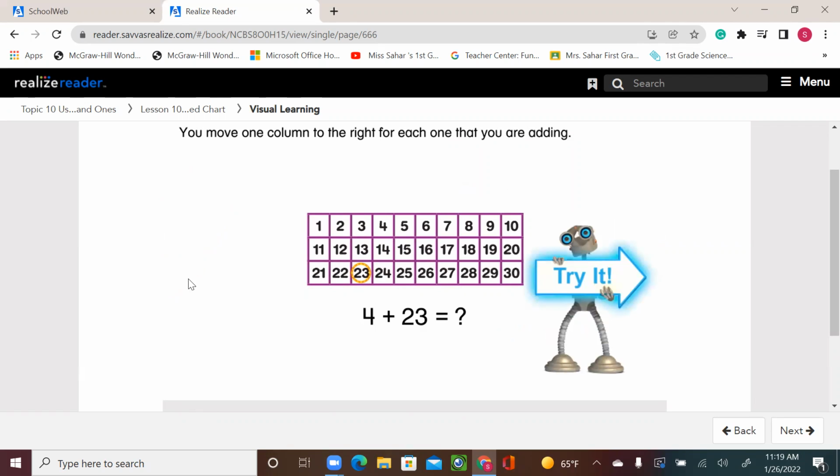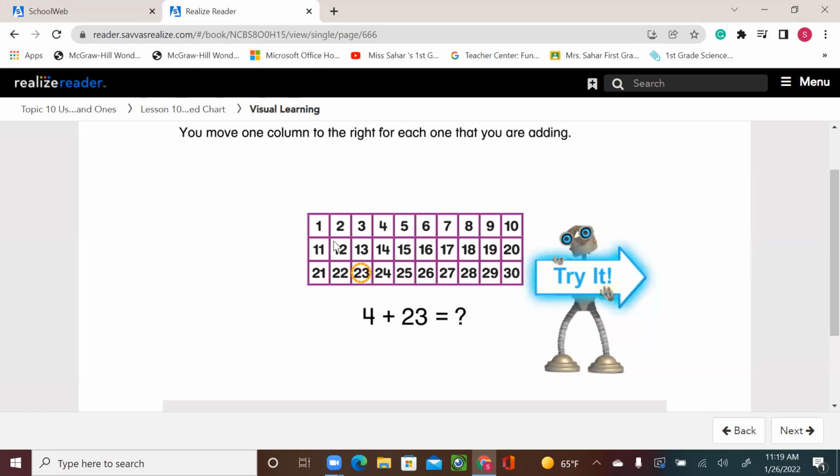All right. So as we say, you move to the right side and you count how many numbers you have to add. So that's the number of your jumps. 4 means 4 squares or 4 boxes or 4 numbers or 4 jumps. Let's have another example. Let's say 11 plus 6. This is my 11 plus 6.